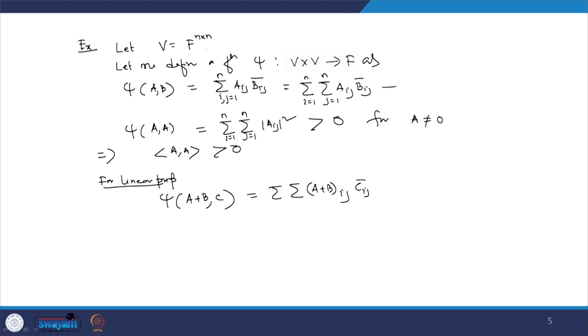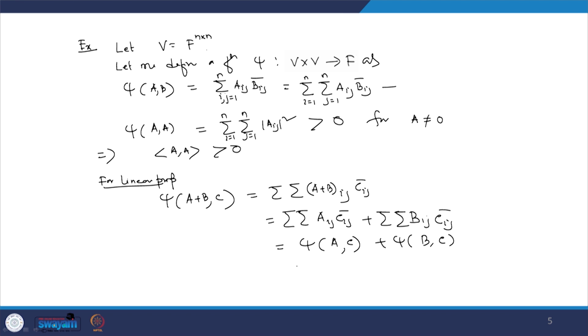So this is equal to sigma sigma a_ij c_ij bar plus sigma sigma b_ij and c_ij bar. So this implies psi of A, C plus psi of B, C, that is, inner product of A, C plus inner product of B, C. So, inner product of A plus B comma C equals inner product of A comma C plus inner product of B comma C.